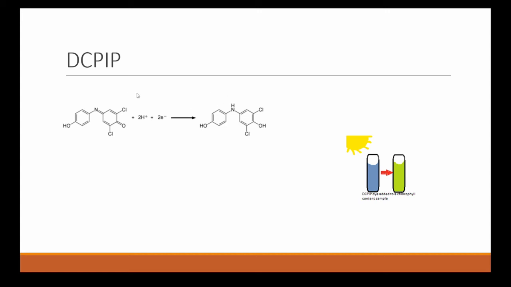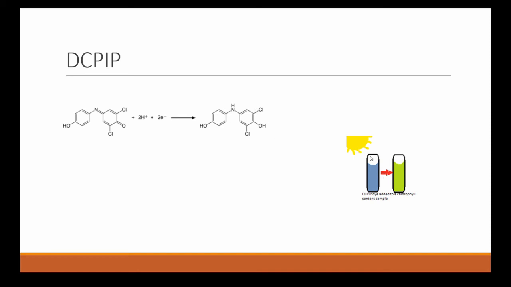It's something made by the scientist himself, Robin Hill, and he developed it as a way to further study the photosynthetic reaction. While it is oxidized, in this form here, it's blue in solution. When it is reduced, it turns colorless.